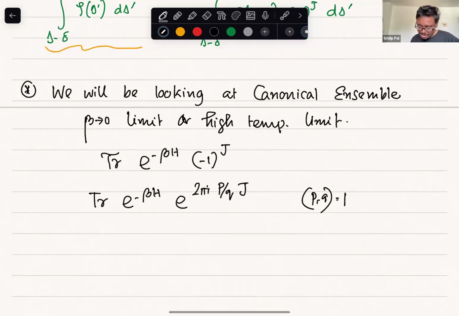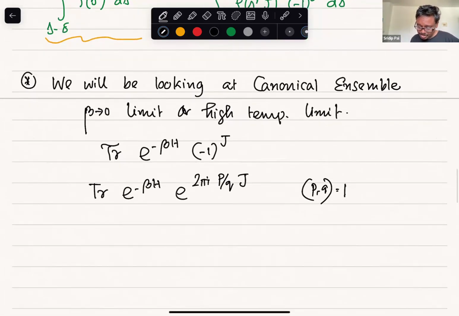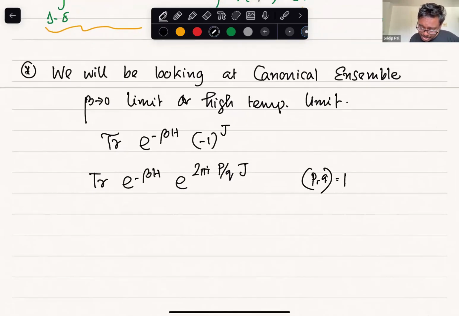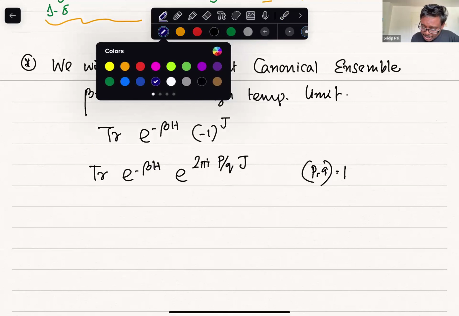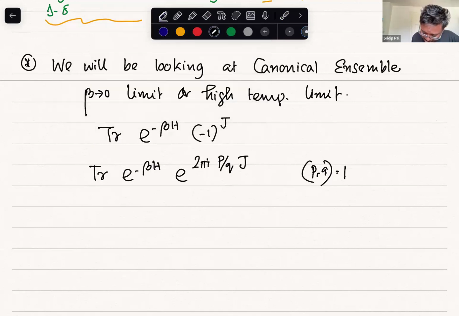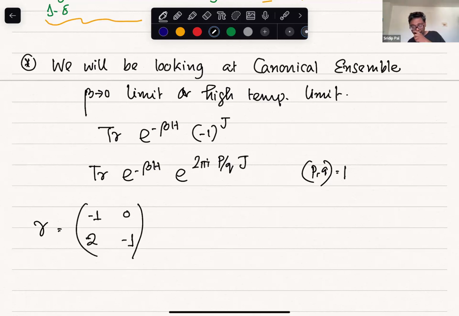Now how do we determine the β going to 0 behavior of this kind of quantity in 2D? For simplicity, let me focus on the case where we have (-1)^j. The idea is that we will use the following modular transformation, which is (2, -1; -1, 0).